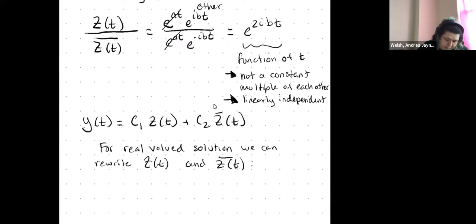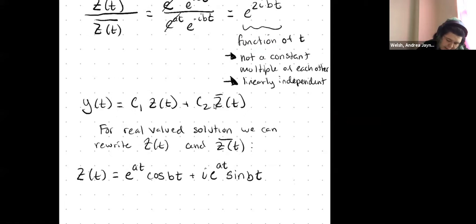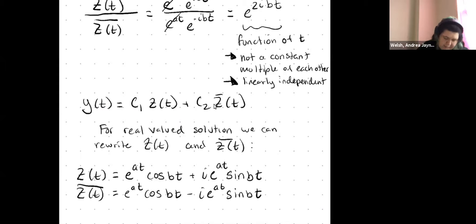So we know that z of t is going to be e to the at cosine bt plus i e to the at sine bt. And similarly, for our complex conjugate here, we have the same thing but with a minus i e to the at sine bt.